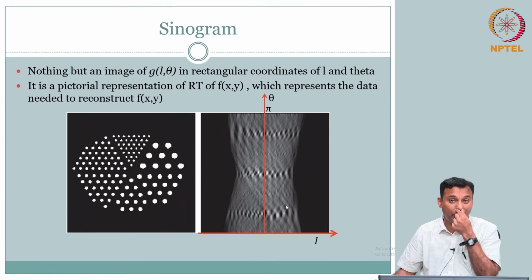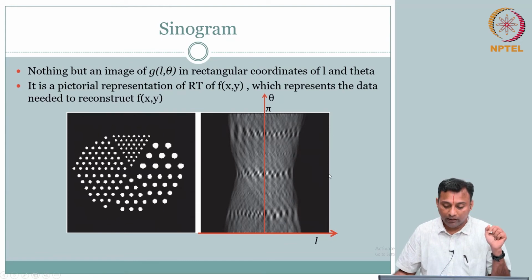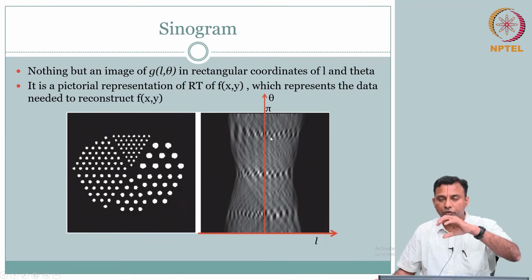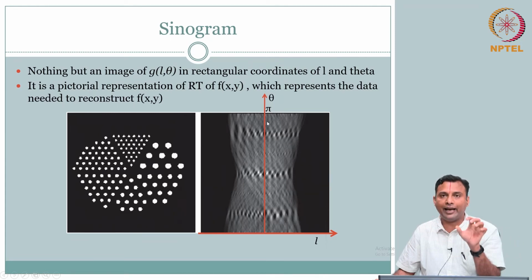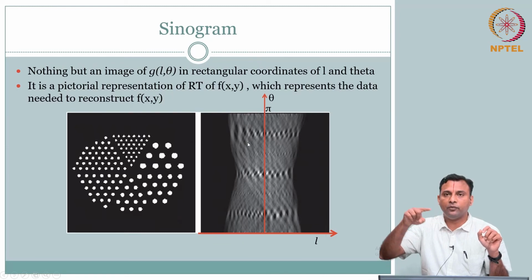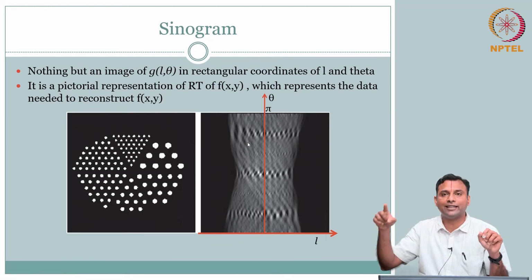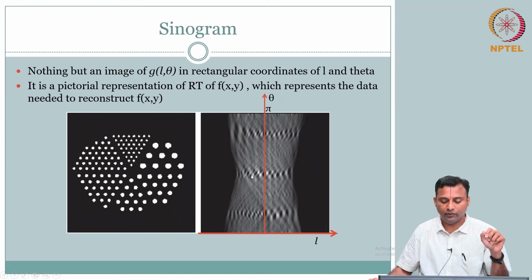Why is it a sinogram? Well, I think the quality of the figure is pretty reasonable. I hope it comes through, where you can probably appreciate that there are some curves that you see. In fact, if you rotate it 90 degrees, you will be able to see that the curves look like sinusoids.